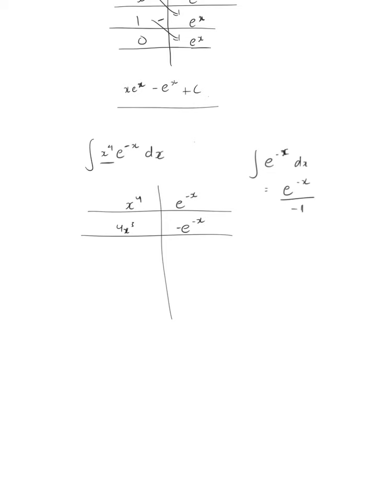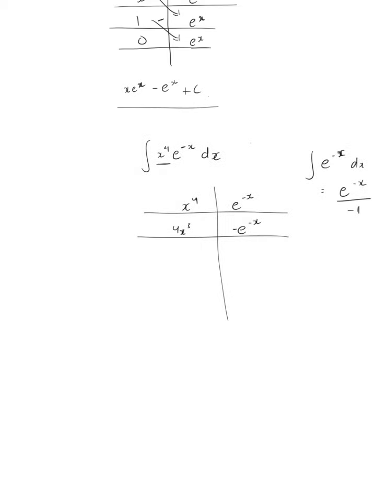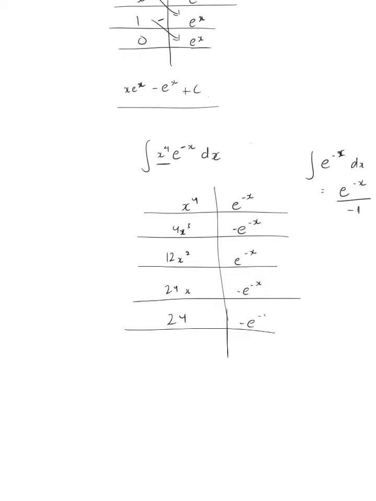Let's do another round of this. So 12x squared, and now this becomes e to the negative x, positive. Another round, 24x, this becomes minus e to the minus x. Another round, this becomes 24, this becomes negative e to the minus x.